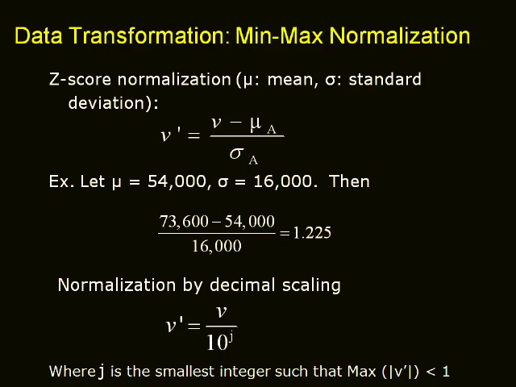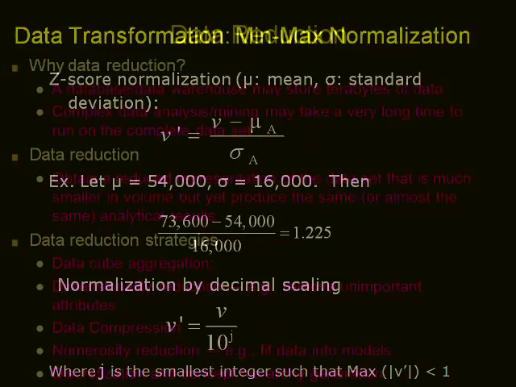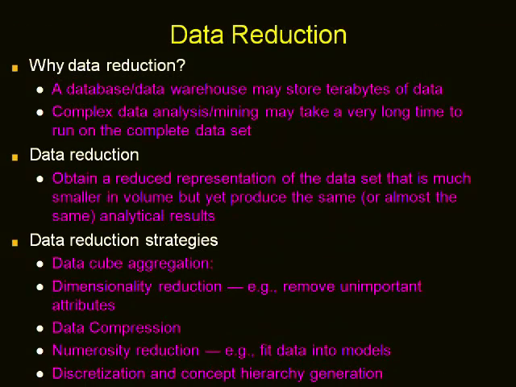So with these data transformation methods, we can transform the data from one form to another form into a new interval, and this definitely reduces the number of distinct values for each attribute. We also discussed in this topic how to integrate the data and how to resolve the schema integration problem.